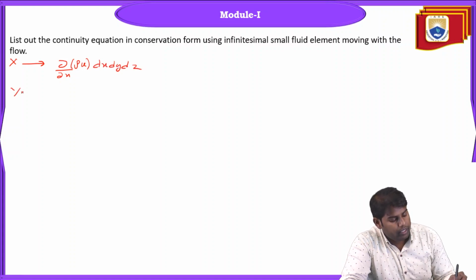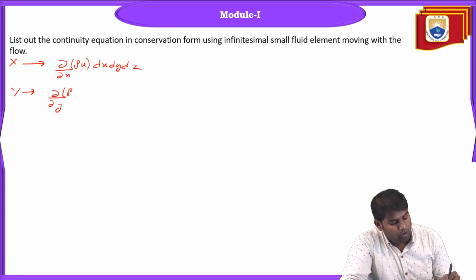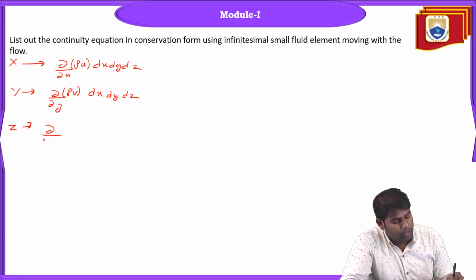Along y, we get dou by dou y of rho v dx dy dz. Similarly along z, we get dou by dou z of rho w dx dy dz.